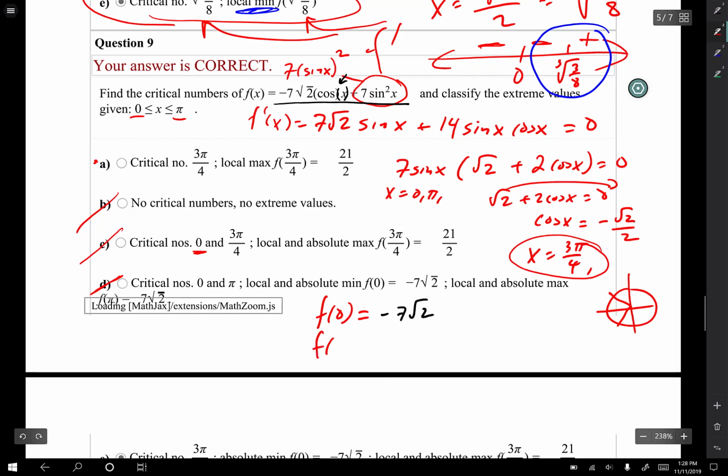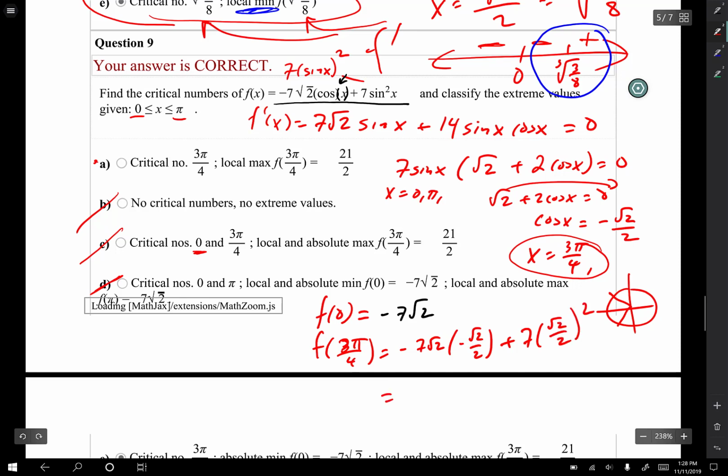And then you test f of 3 pi over 4. So let's see. Cosine of 3 pi over 4 is negative square root of 2 over 2. So you'll have negative 7 square root of 2 times a negative square root of 2 over 2, and then plus sine squared here. That's a 7 there. So 7 times square root of 2 over 2 squared.